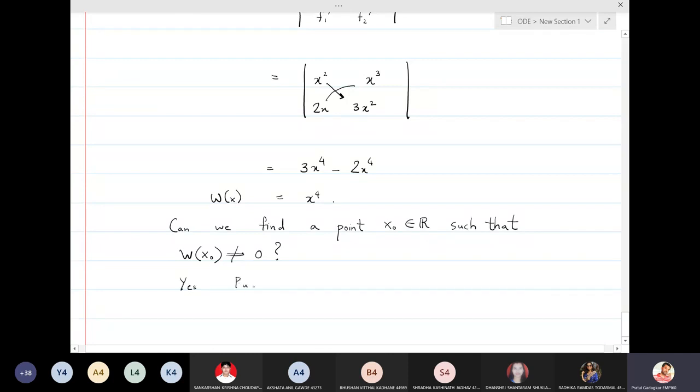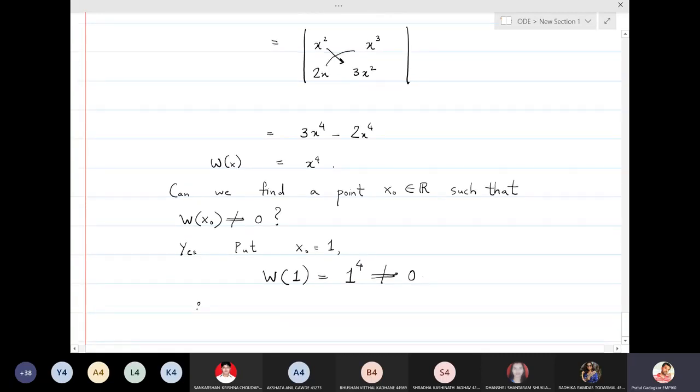Just put x naught equal to 1. The Wronskian at 1 will be equal to 1 raised to 4, which is not equal to 0. Therefore, the two functions f1 and f2 are linearly independent on the set of all real numbers.